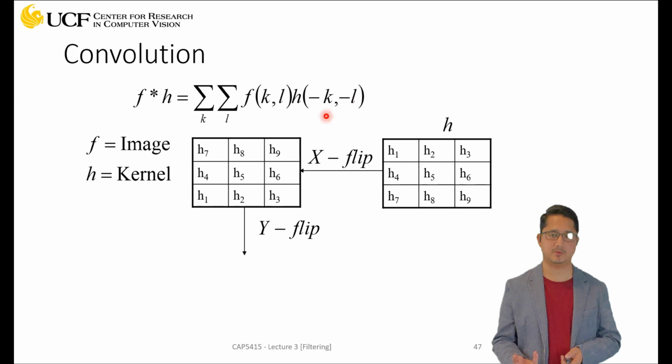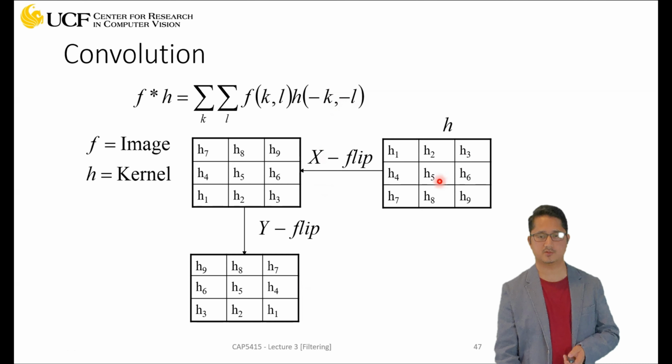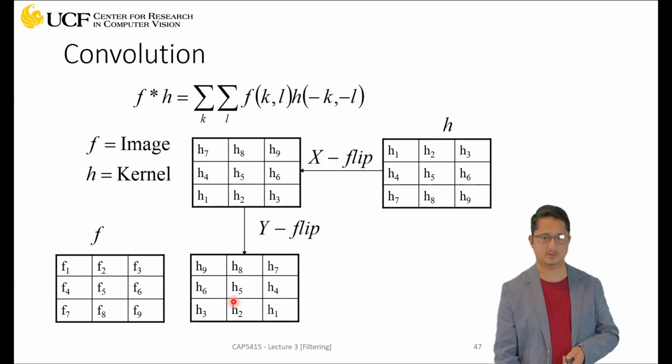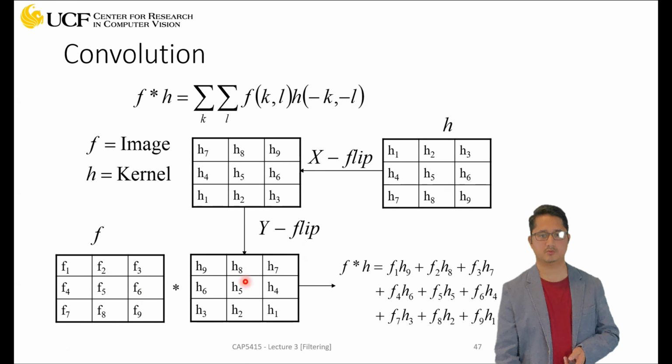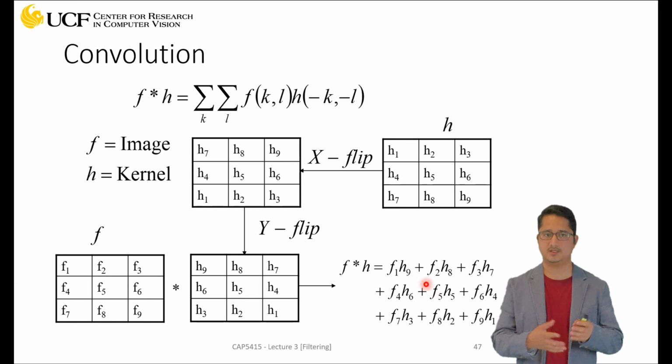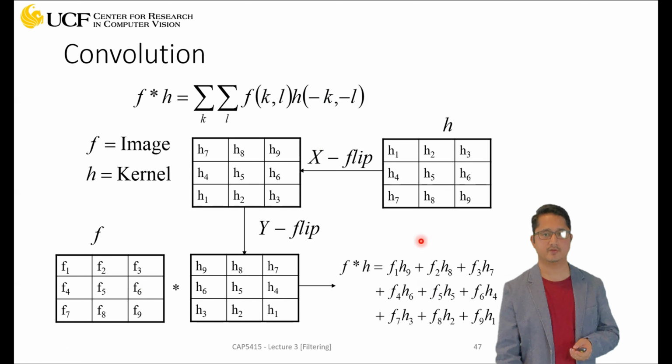Then it's exactly the same as correlation. So let's say this was the initial kernel. You flip along x, flip along y, you get this kernel. And then you can just perform correlation of this kernel with the image patch. It's the same equation. Okay. So you can see correlation and convolution are exactly the same thing. The only difference is the kernel values.